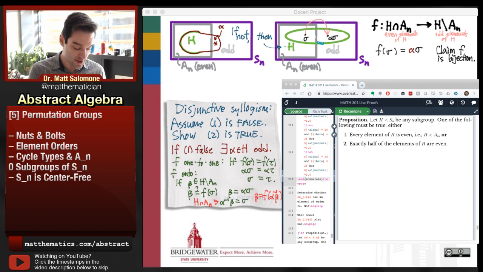The other sneaky little shortcut that we could have used, and let me just get this preserved for the record because this is a super useful statement. Since H is a finite set, after all, my permutation groups on a finite number of symbols are finite groups. Therefore, any of their subsets will be a finite set. So H is a finite set, and we know, therefore, that f is a function on finite sets.